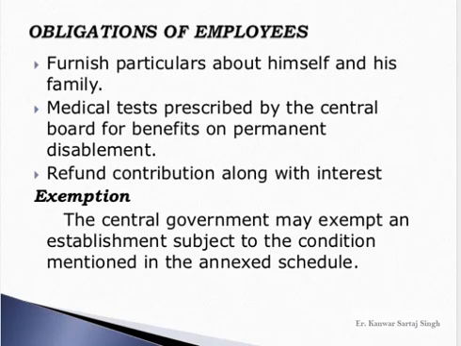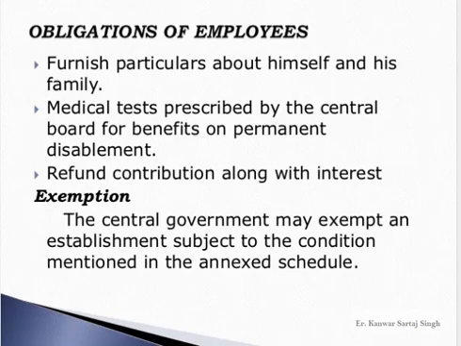In case of permanent disablement, medical tests have to be undertaken which are prescribed by the Central Board, because whenever such tests are recommended by a body like the Central Board, these tests give proof of permanent disablement, and this further helps the employees to gain those benefits. Next is refund of contribution along with interest.